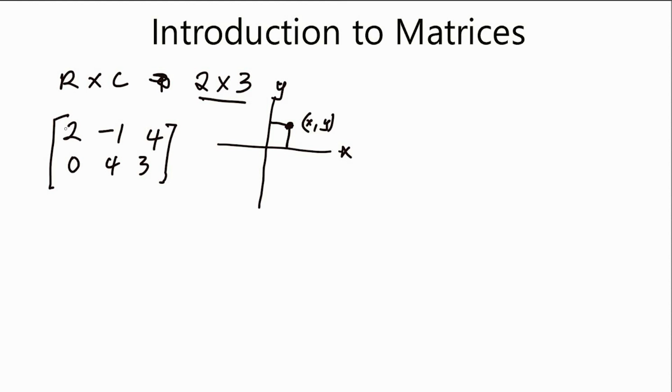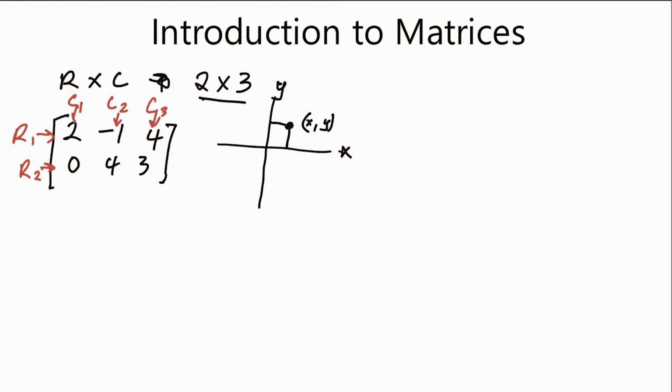So if we look at this matrix, they are also arranged in something that looks like that. But now in ours, we are talking of the rows. Remember, this is the row number 1, this is the row number 2. So we are talking of the rows by the columns. This is the column number 1, column number 2, and column number 3.